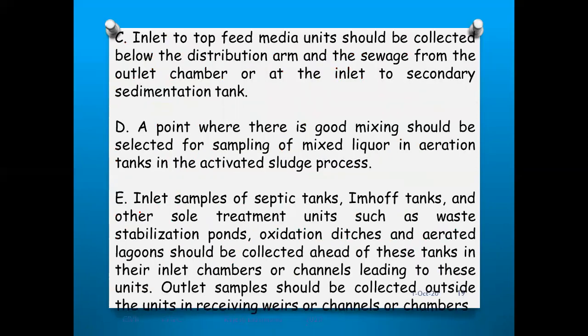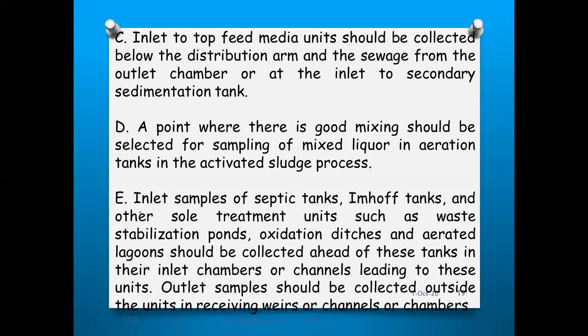Next, inlet to top feed media units should be collected below the distribution arm, on the sewage from the outlet chamber or at an inlet to the secondary sedimentation tank. So this is another way of taking the samples, collected in the secondary sedimentation tank.